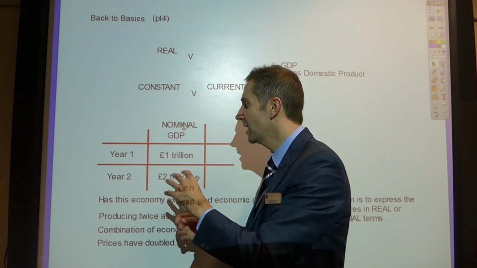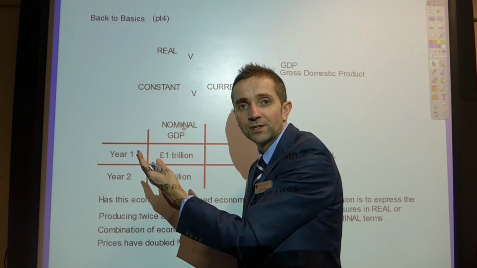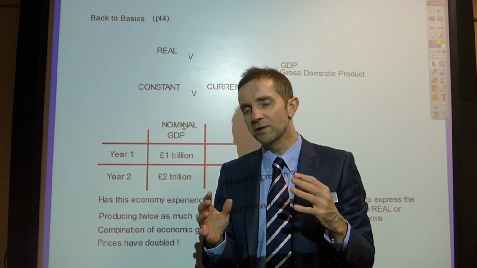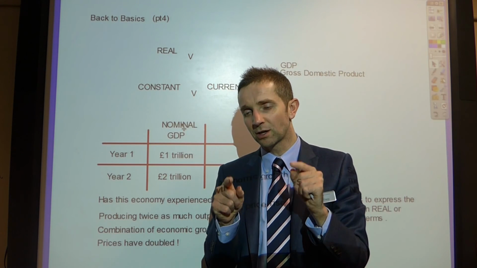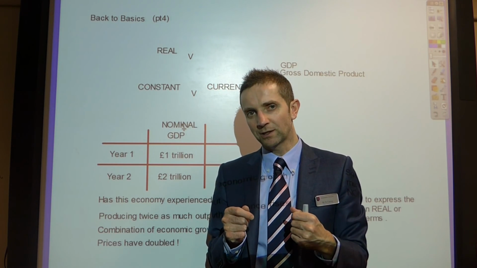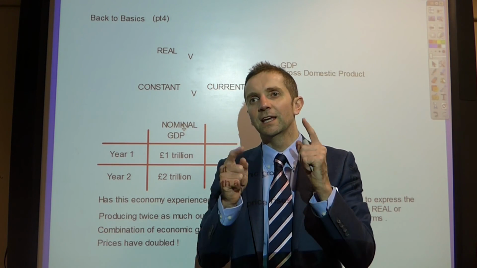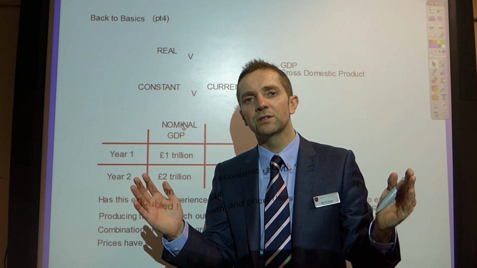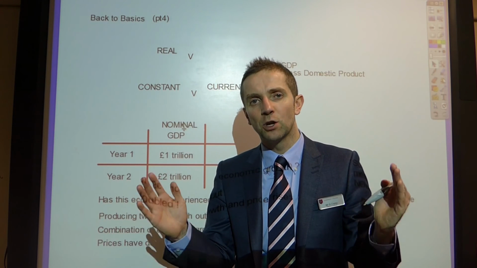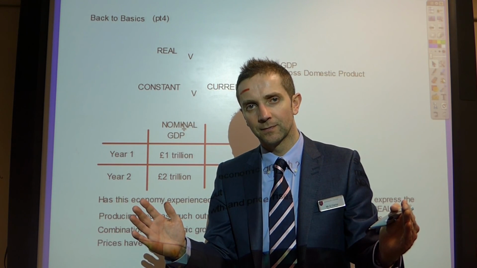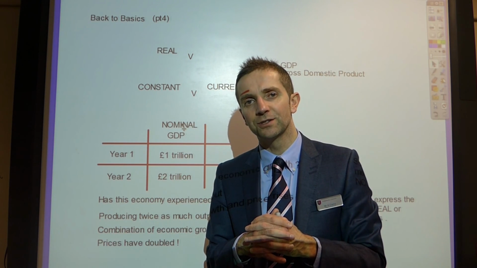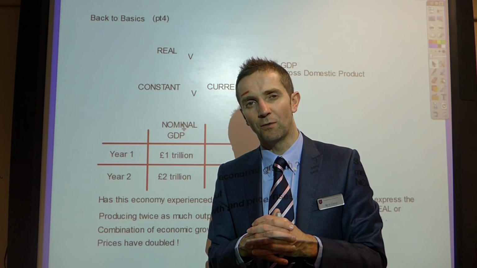And I can't tell whether that's the case simply from looking at this data. So the great advantage of the real GDP number, to come back to what this Back to Basics Part 4 is all about, if you're looking at real GDP, you can say with absolute certainty it is due to economic growth.